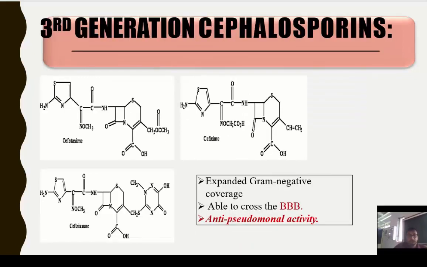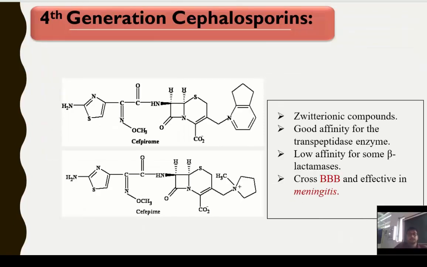Next, third generation cephalosporin structures are given. They have expanded gram-negative coverage, are able to cross the blood-brain barrier, and have anti-pseudomonal activity. Next is the fourth generation cephalosporin.